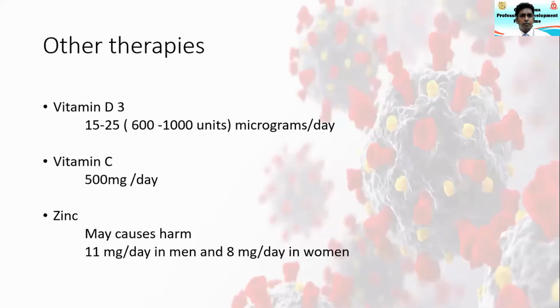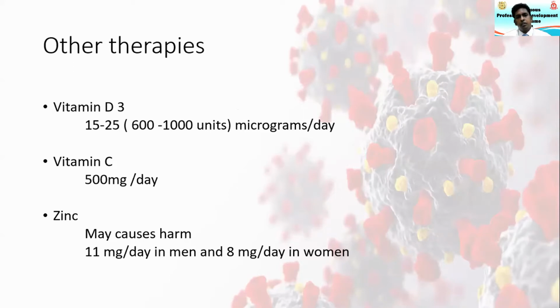Other therapies we usually use are not very trial proven, but vitamin D3 has been discussed very well in other respiratory illnesses, where low vitamin D has shown the worst outcome, but we need more trials to ensure safety and efficacy.